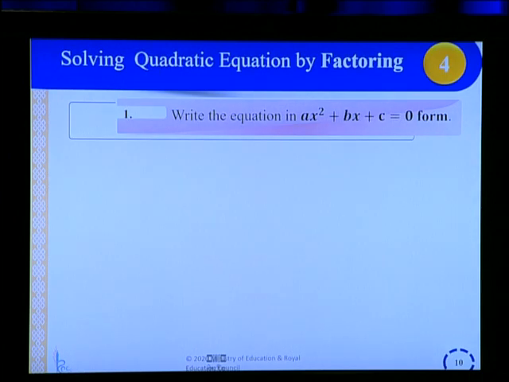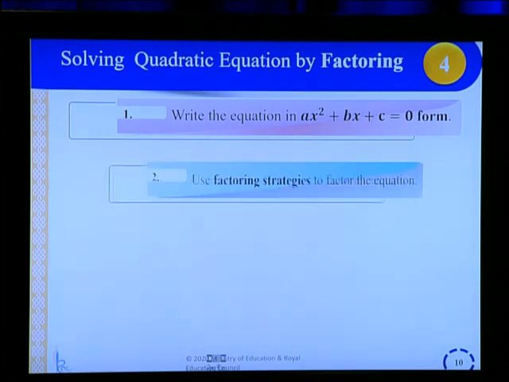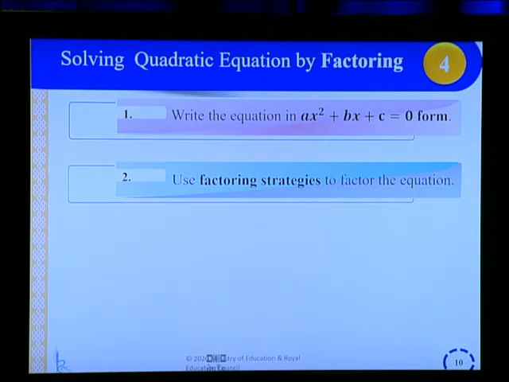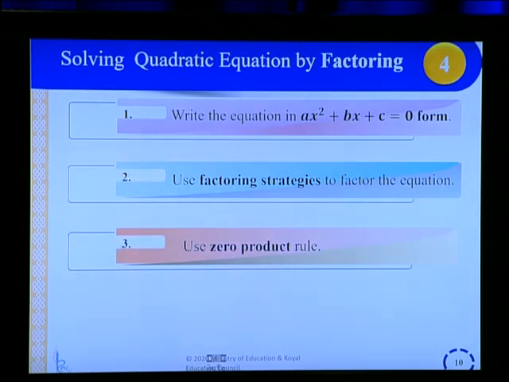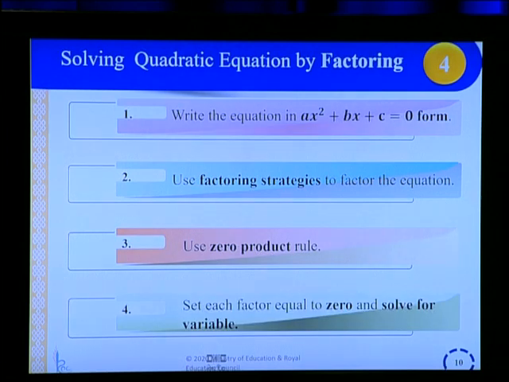First, we write the quadratic equation in standard form, and next we use any of the factoring strategies to find the factors. After that we use the zero product rule, and the last step is to set each factor equal to 0 and solve for the variable x.